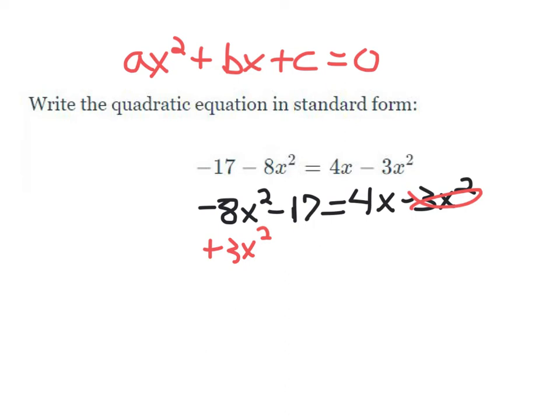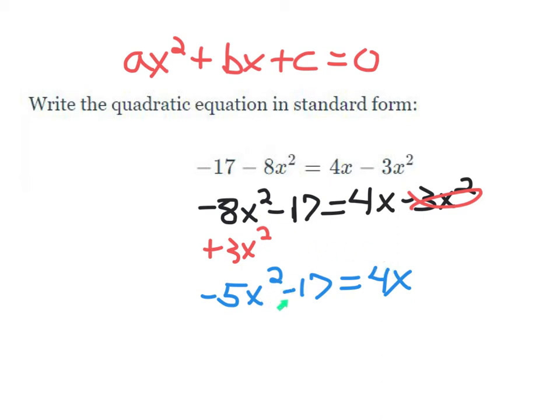Well, so if we go ahead and do this, negative 8x squared plus 3x squared, we would be at negative 5x squared minus 17 equals 4x, okay? Well, now we need to take the 4x and move it over here, and it becomes the opposite, which is negative 4x.